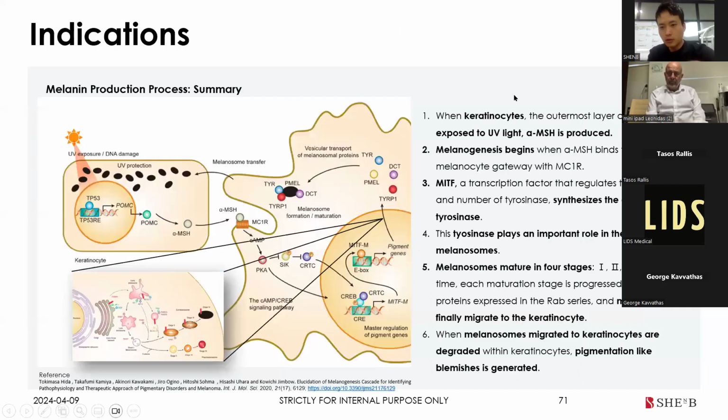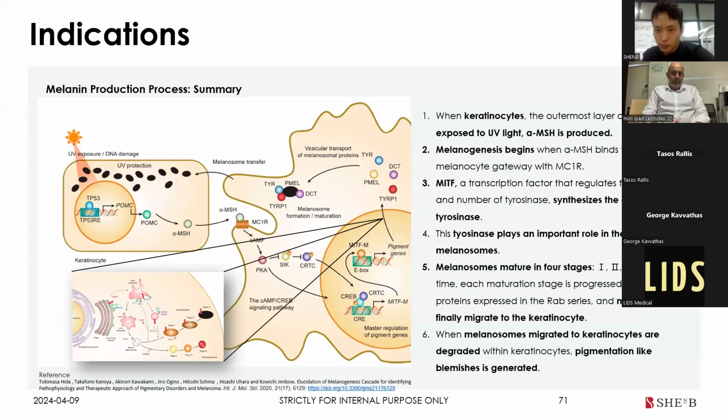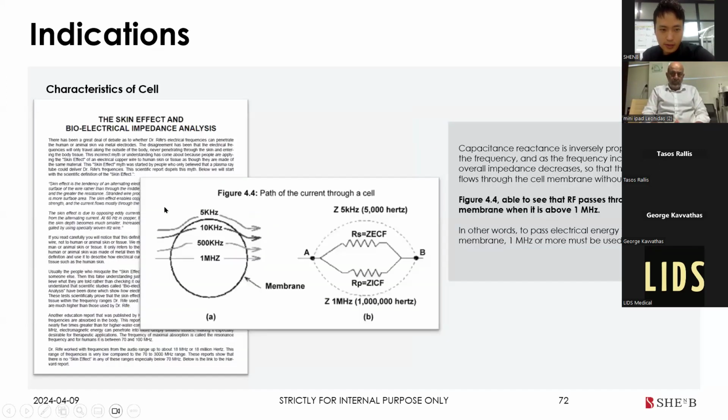So, all these theoretical things, if we summarize it, it means that our body protects us from the UV, from the sun. That is how melasma is generated. The main particle is the melanocyte and then melanosomes, and these melanosomes are covered with a cell membrane.